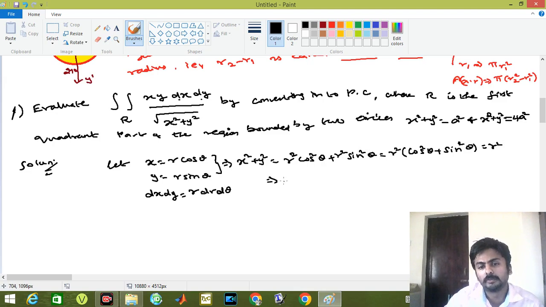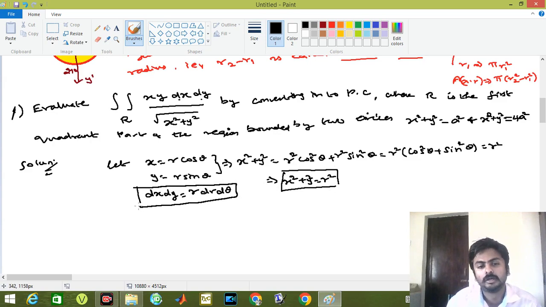Therefore x square plus y square equals r square. Okay, this is also one thing you are having. Then the remaining things are these two, x equal to and y equal to. These things need to be substituted in the given problem.